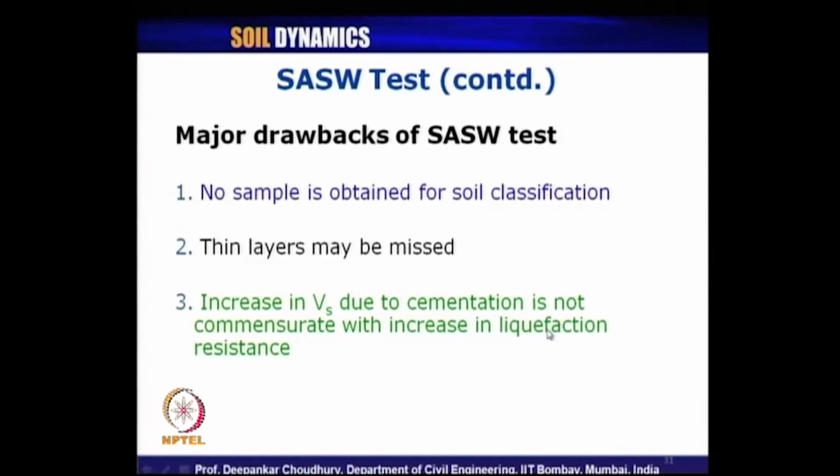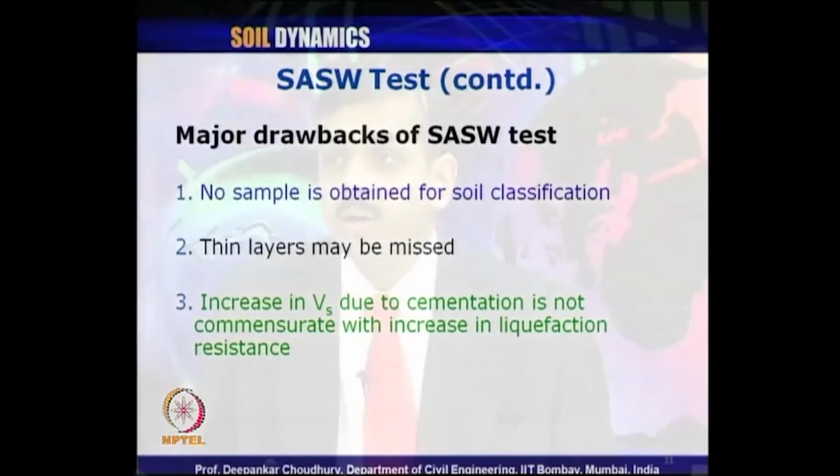We will discuss this soon in the course of our study, what liquefaction is and how it is related to Vs and so on. So, at this point just note down that an increase in the shear wave velocity need not necessarily be due to the original soil property or the stiffness of the soil. It may be due to some external cementation effect.